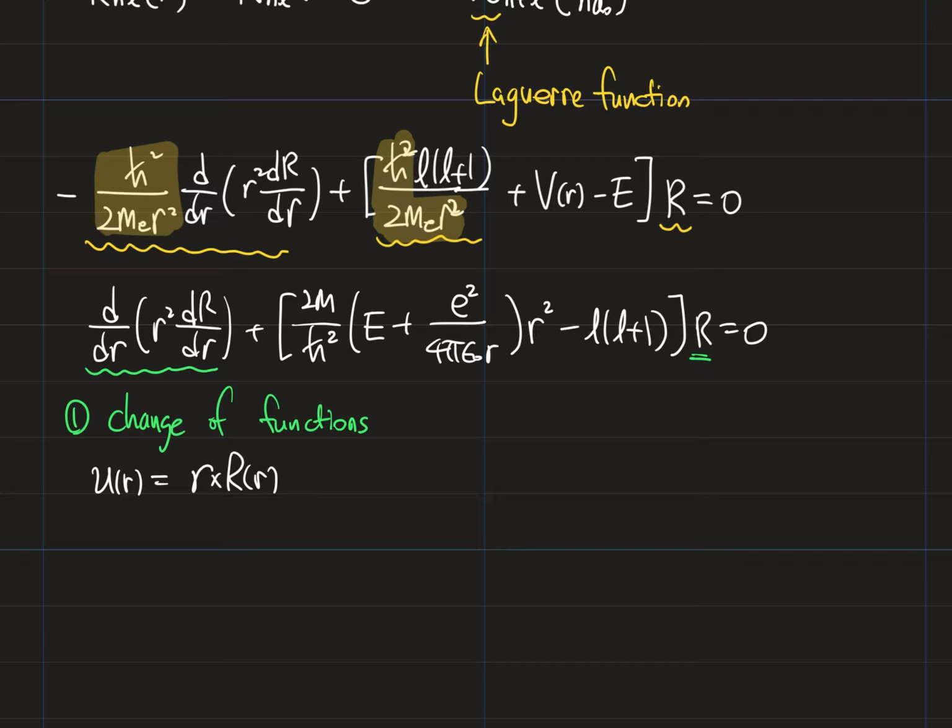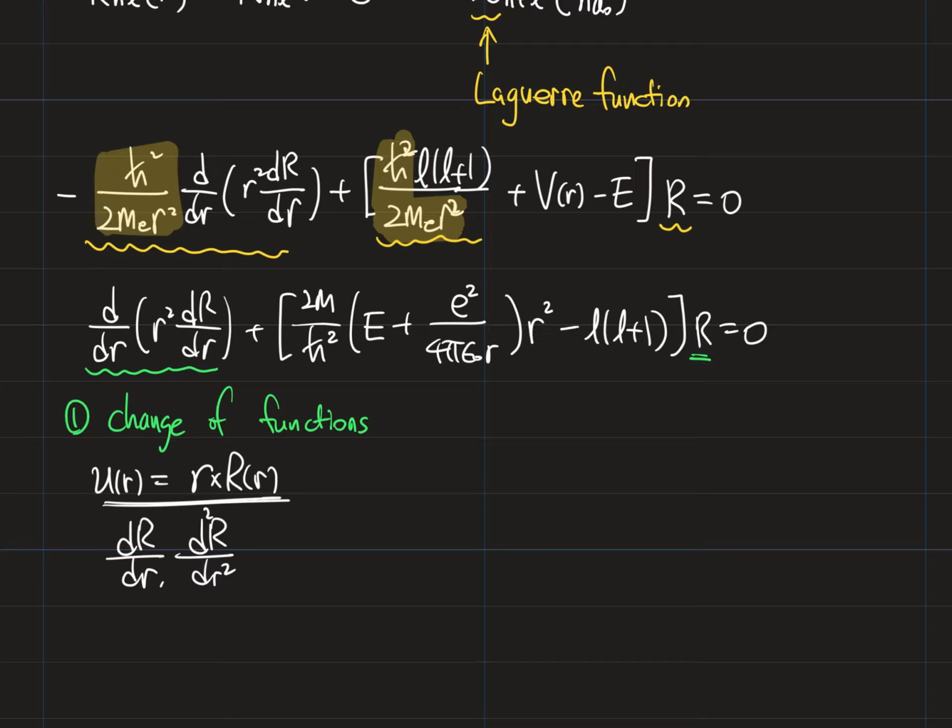So now we want to change the problem of solving the differential equation for capital R to solving small u. You can take the first derivative and the second derivative from this equation.